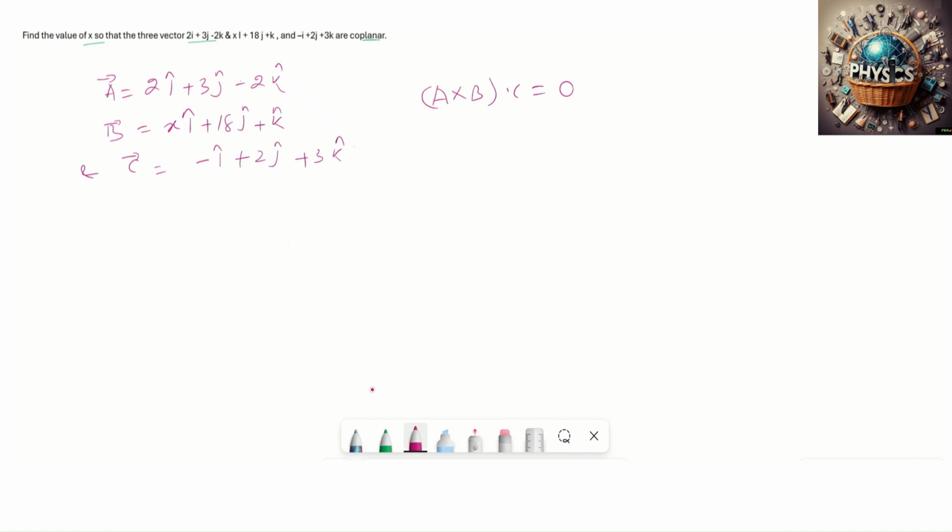And if the dot product of this vector, A cross B, with C, the third vector, is 0, it means that the resultant of A cross B is perpendicular to C, which clearly means that A, B, and C are coplanar, right?